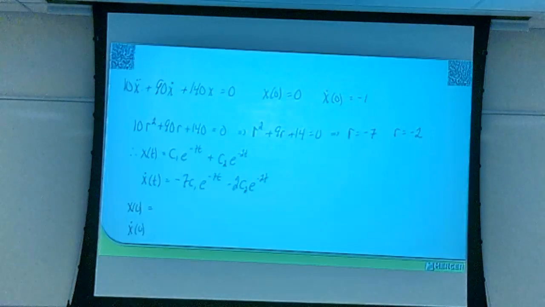Evaluate both at 0. Solve that system. C1 equals negative C2.